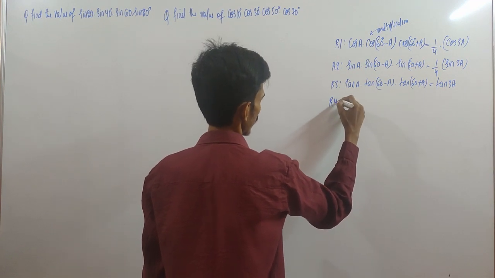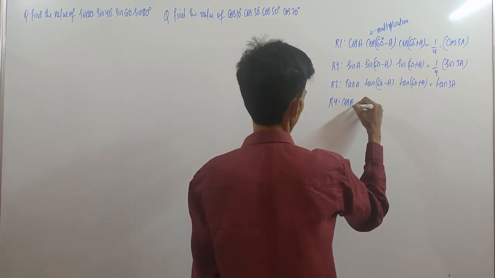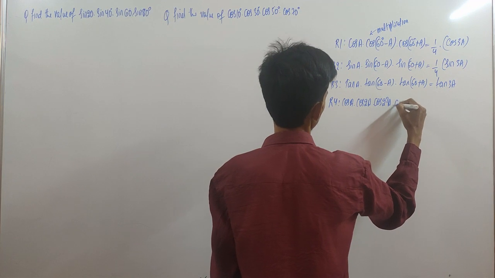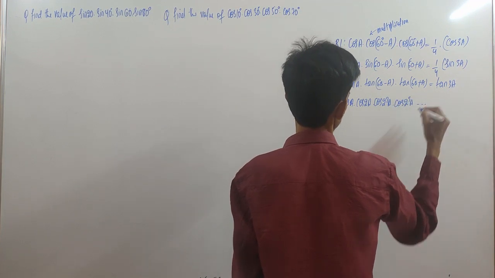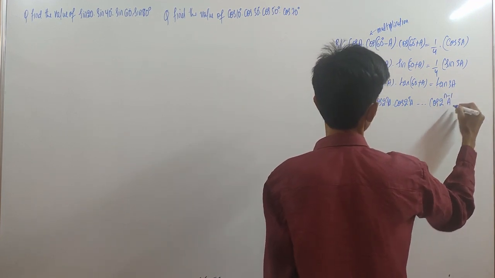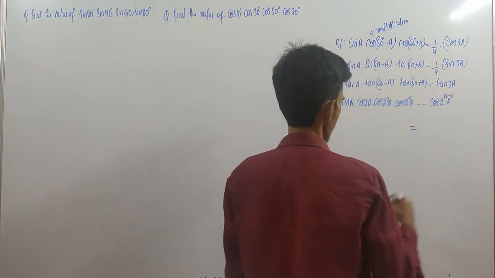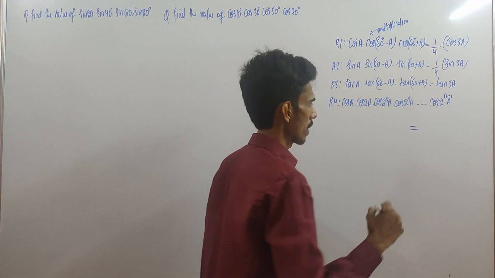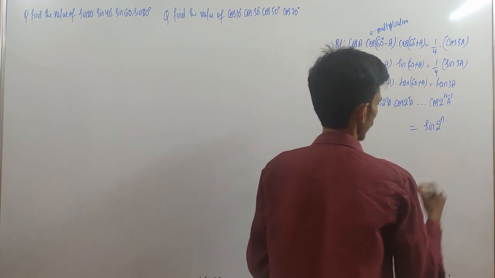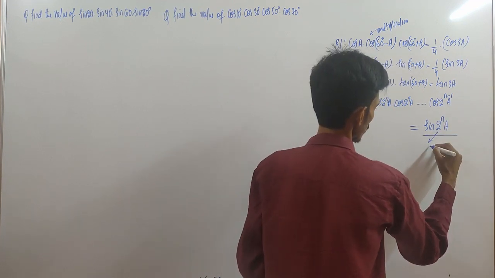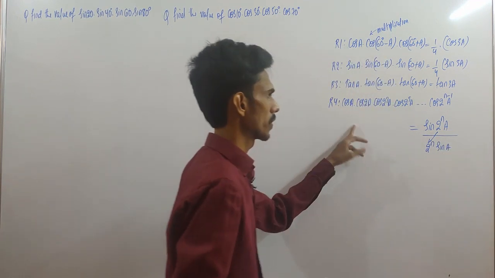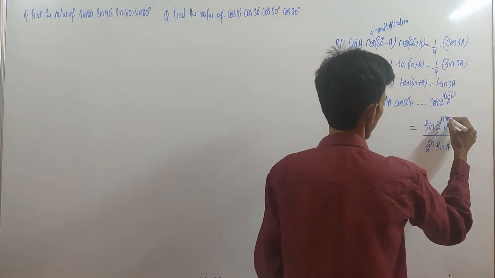The last result that we have: cos A cos 2A cos 2²A cos 2³A, and so on, up to cos 2^(n−1)A is equal to sine 2ⁿA divided by 2ⁿ sine A. So this is the last result. Here we have n minus 1, here we have n.